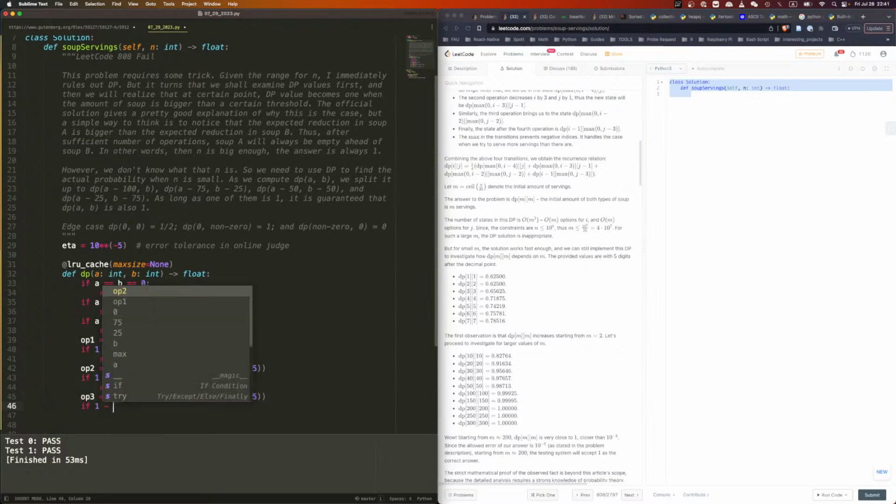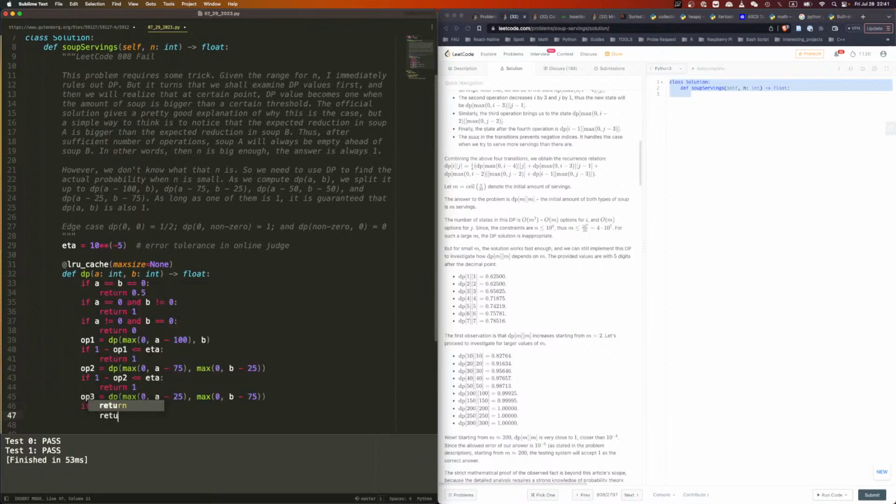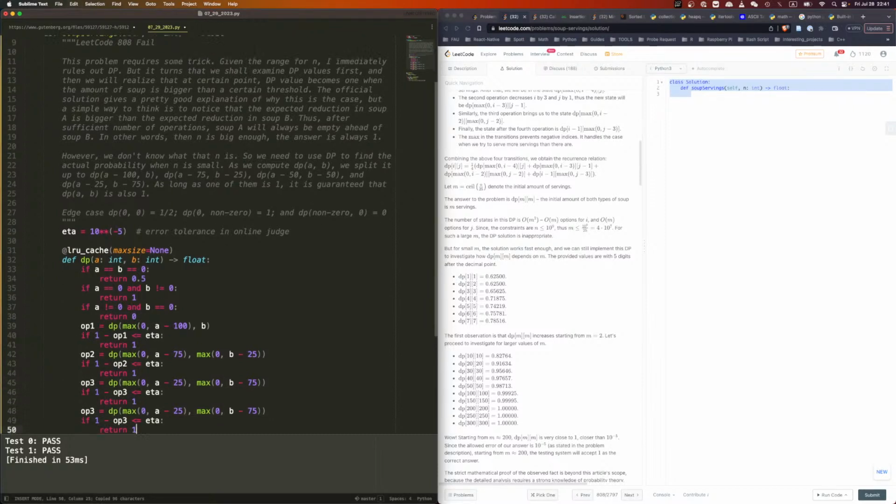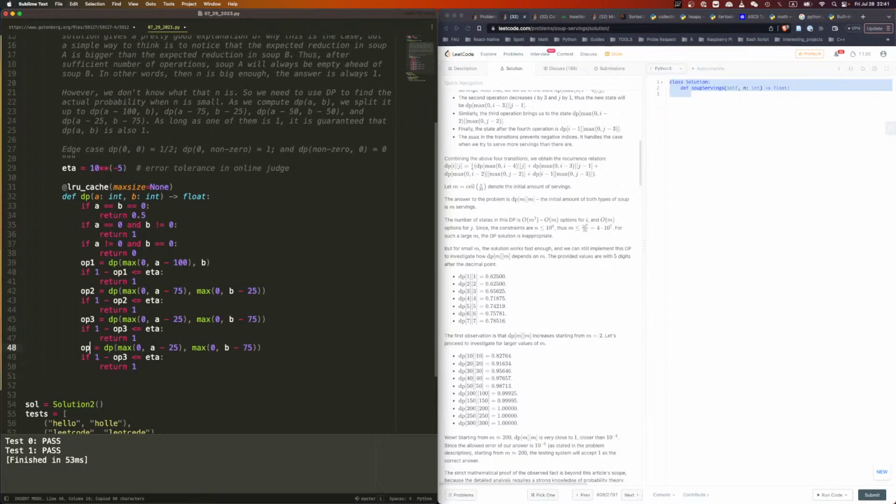If 1 minus op3 is smaller or equal to eta, return 1. op4, so op4, if this one minus, you forgot 50.